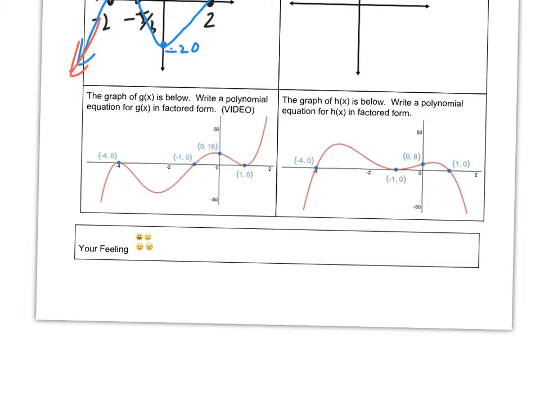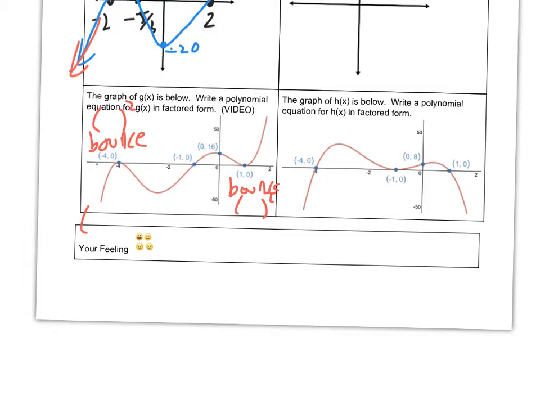For the next part of this, we've got a graph, and we're supposed to write something in factored form. I'm going to start by writing the factors, and I'm also going to write that we've got a couple bounces here. One is at negative 4, and one is at positive 1. That means that whatever's going on for those is going to be squared.